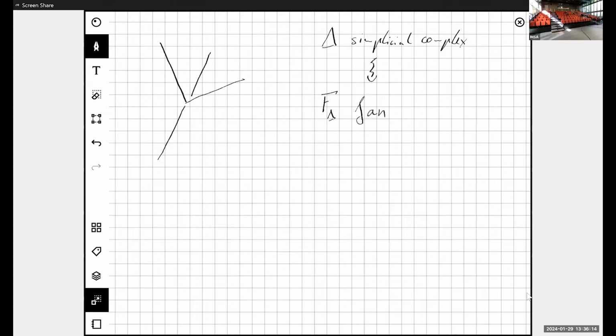Now the next step: associated to this fan I want to find an algebraic object, and this is the ring of cone-wise polynomial functions, P of F of delta, the ring of cone-wise polynomial functions.